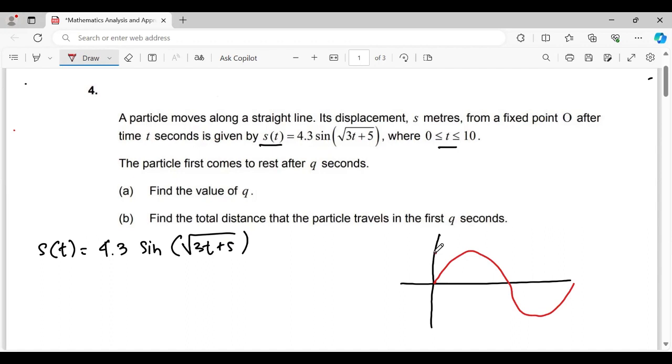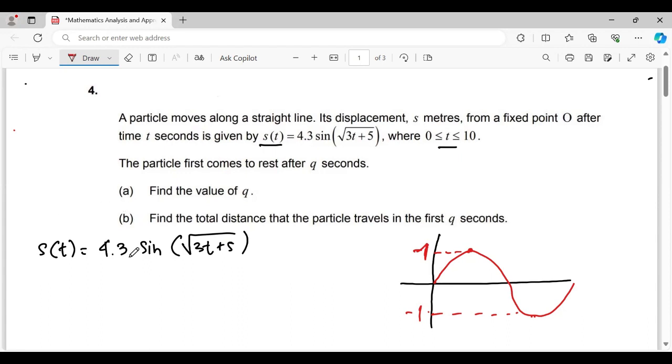The maximum and minimum points are 1 and minus 1.